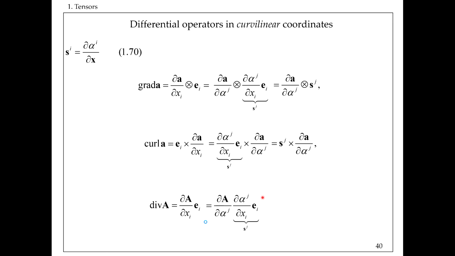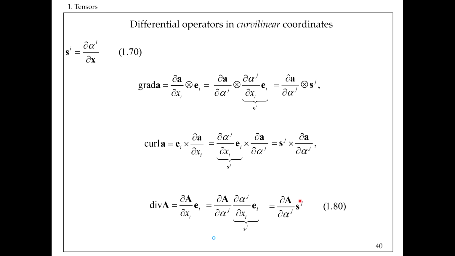And once again, here we very quickly notice that this is nothing but our dual basis vector or contravariant basis vector S j. So we can replace it, and you already should not be surprised that at the end we get exactly the same structure as we had here.